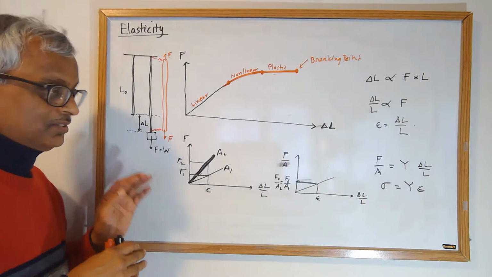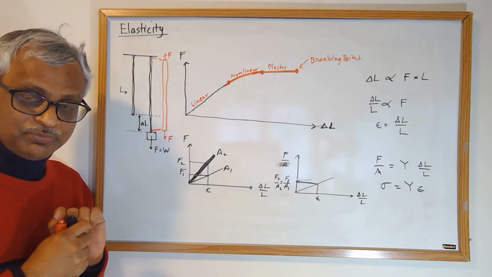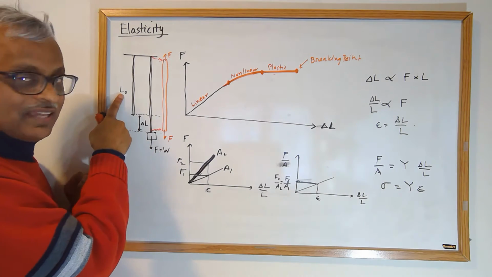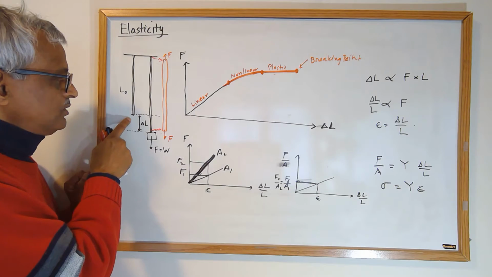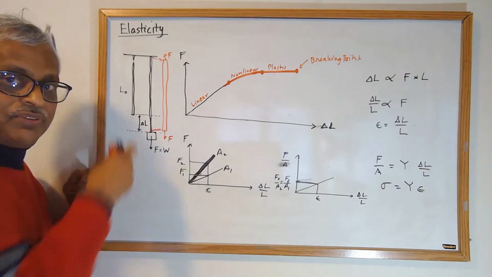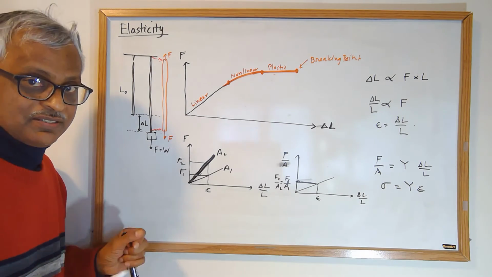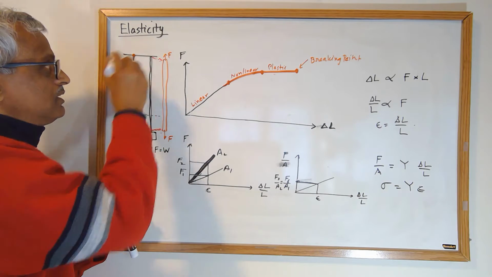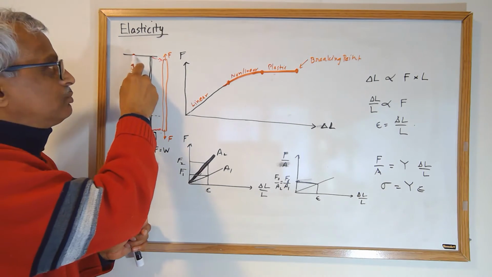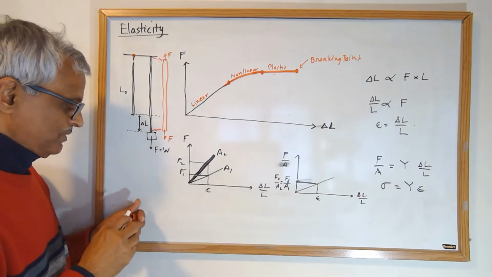Well, let's look at a hypothetical experiment. Suppose you take a steel wire of some length L0, and somewhere here you tie it very rigidly, so we are sure it's very stable. So this is where it's totally tied, so if you pull on it, it will not break over there, ideally.